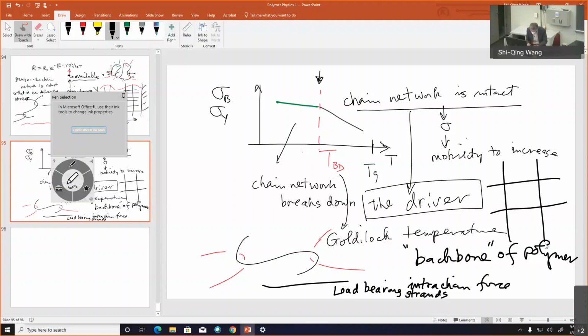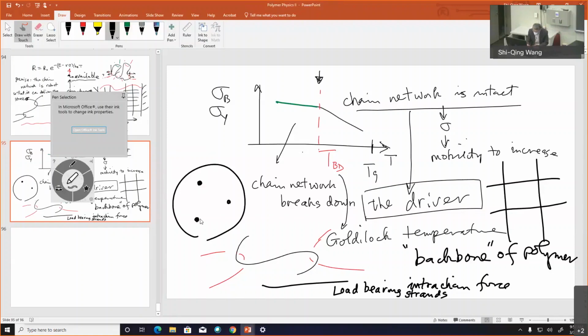Or, better yet, if I look at that cross-section, I'm going to find them like this. The rest of the space are still many others that are not bearing the forces. I need you to appreciate that. It is that because your chain is a coil.